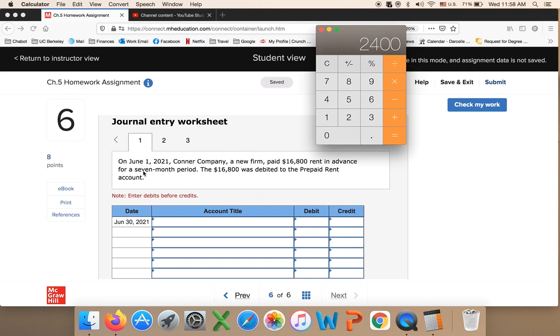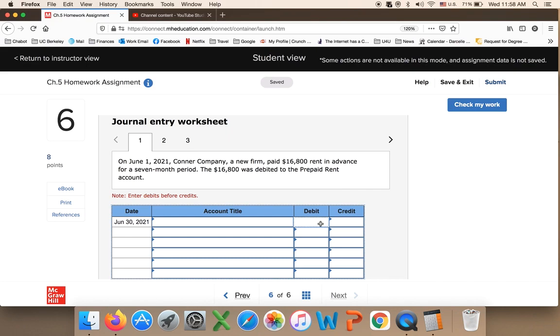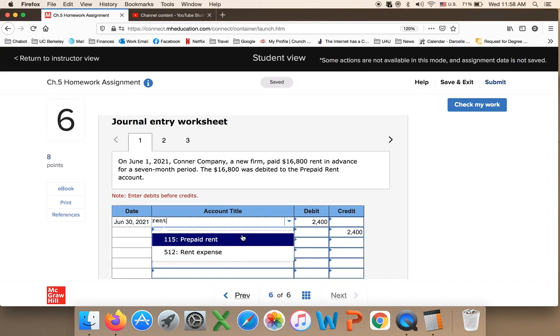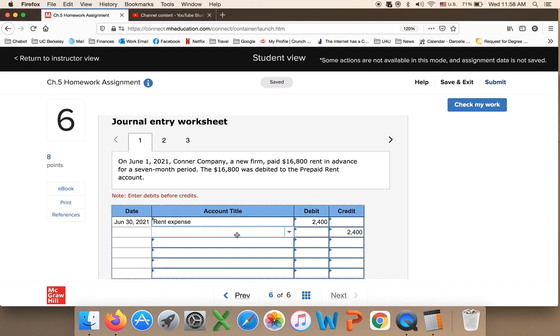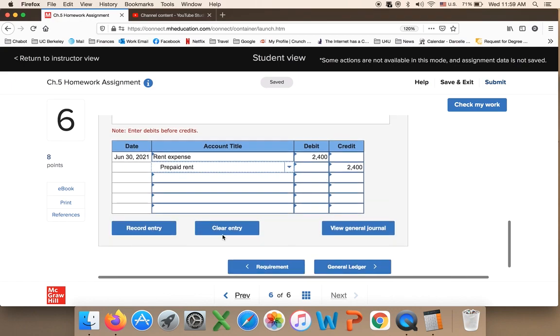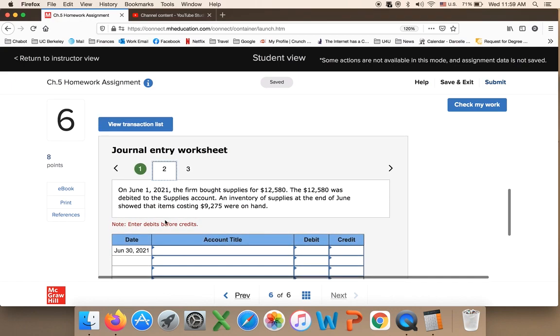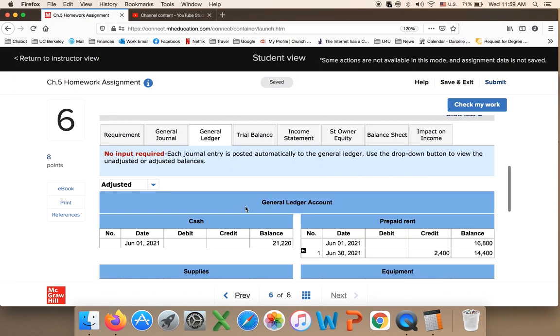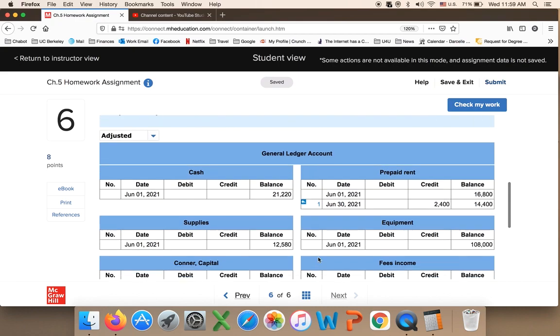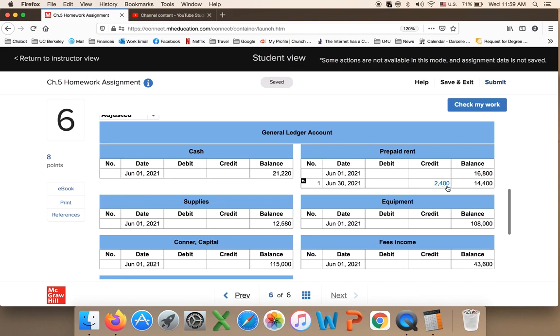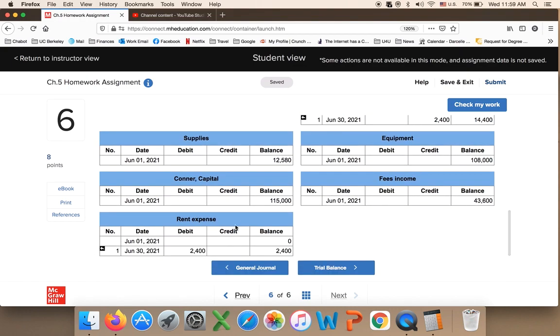So a month later, June 30th, I'm taking this 2,400, put it here, and then the account is rent expense, debit, and expenses debit, and asset or contra asset is credit. That's it. I recorded it. So when I look now in the general ledger, it recorded itself. It populated. So right here and right here.